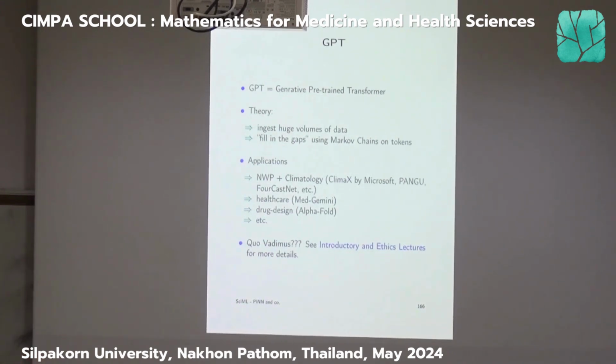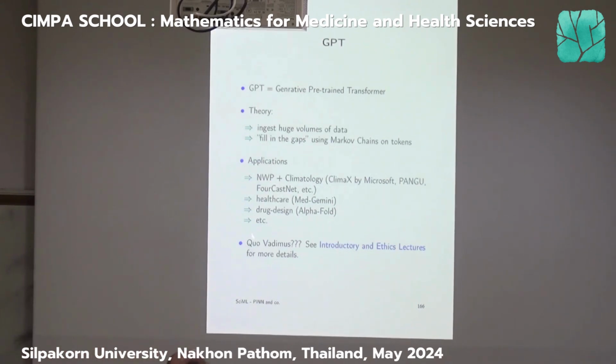At the moment, there's some very, very interesting work being done in numerical weather prediction and climatology. I showed you that they're starting to look at healthcare, making diagnostics from multimodal data. AlphaFold, which is not exactly GPT but similar, uses reinforcement learning. And AlphaFold is being used for drug design. Drug design is a very, very big challenge.